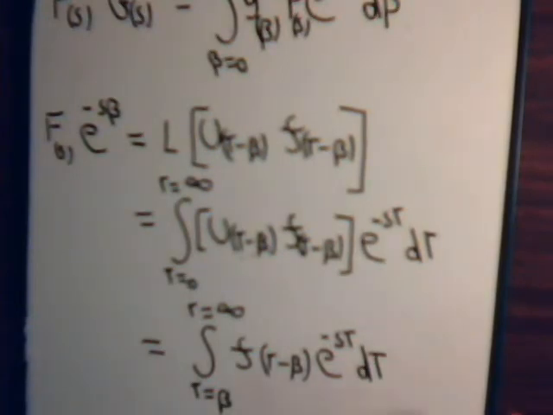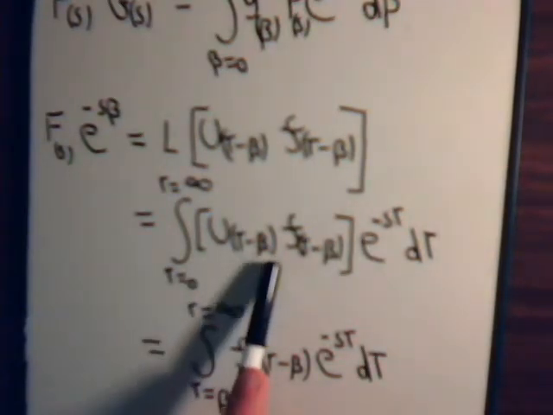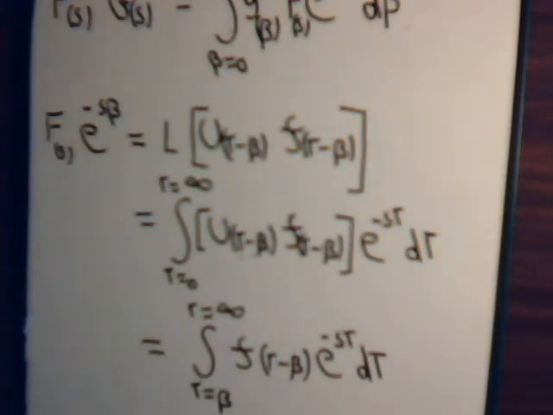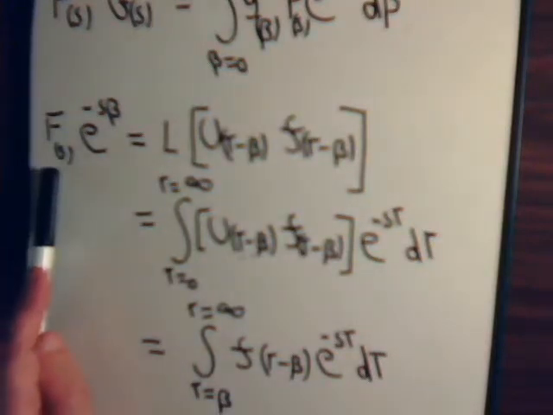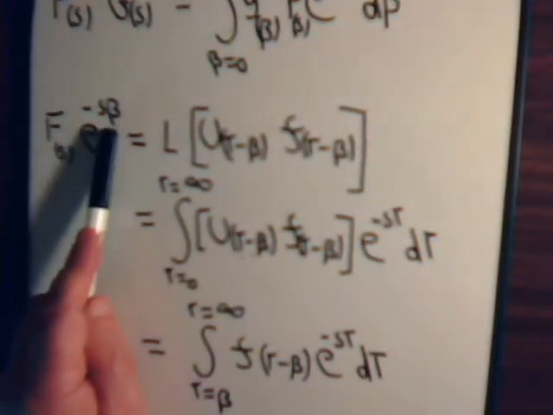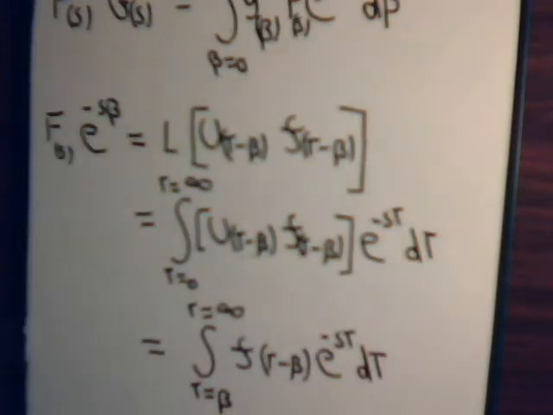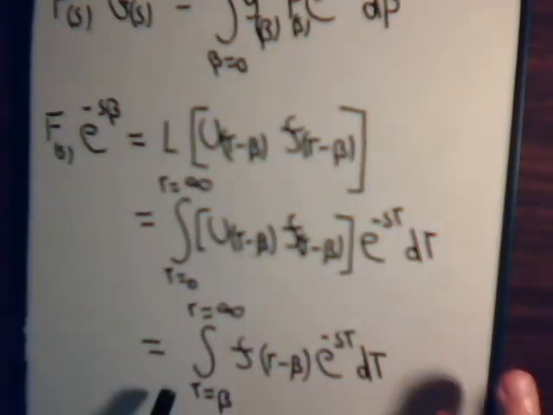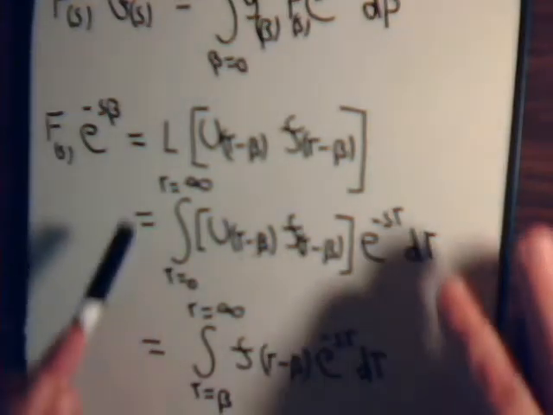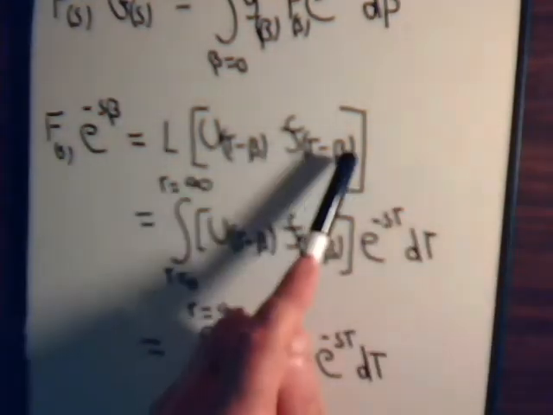And again, this is true just because of the effect that the unit step function has, and we've covered this in previous videos. So right now what we have is that F of s times e to the minus s beta equals this integral expression. So let's take this and write this up here in place of this.